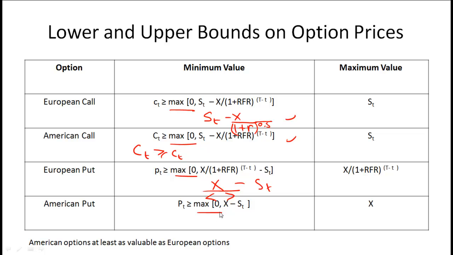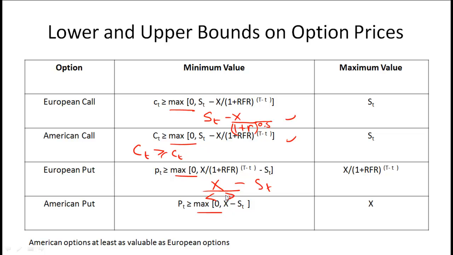The only exception is the American put, because with the American put, if the stock price goes to 0, or at any point actually, you can exercise an American put. So the quick thing that you need to remember is that out of these 4 expressions, the only place where we don't discount X is the American put.